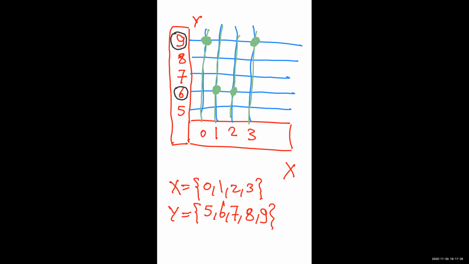Again 2, the same number 6. 3, the same number 9. But we said that we will not repeat elements, so the range will equal only 6 and 9. Now, is it clear? Yes, it's clear. Okay, very good.